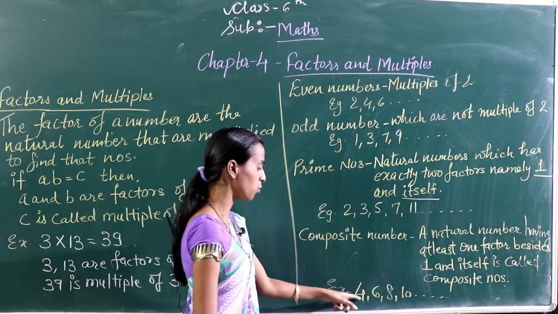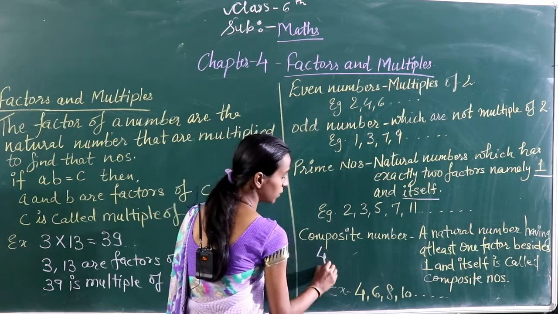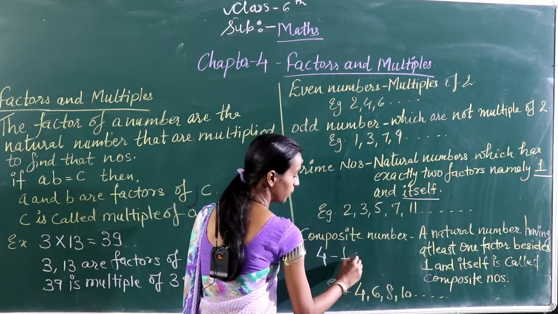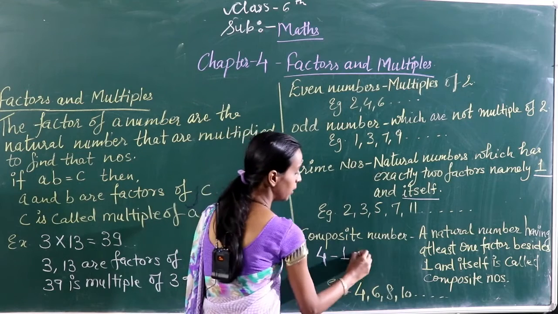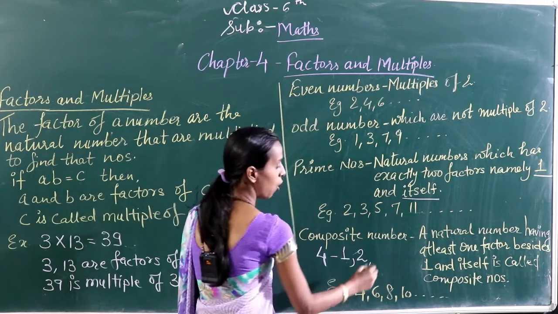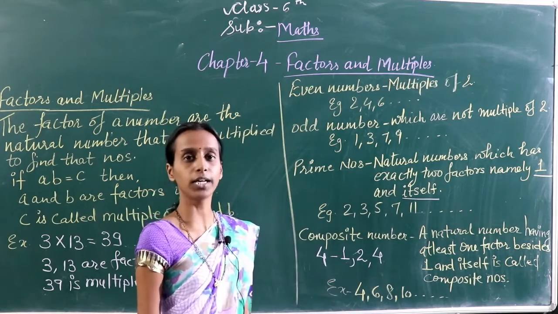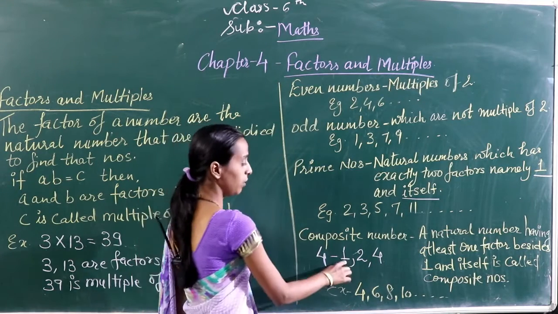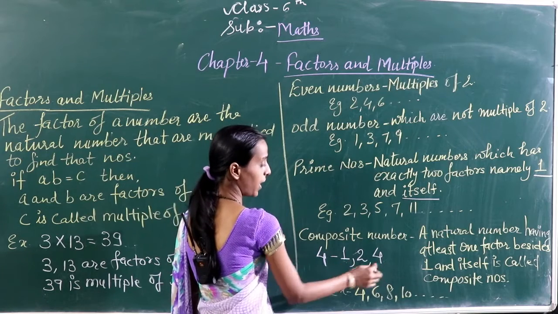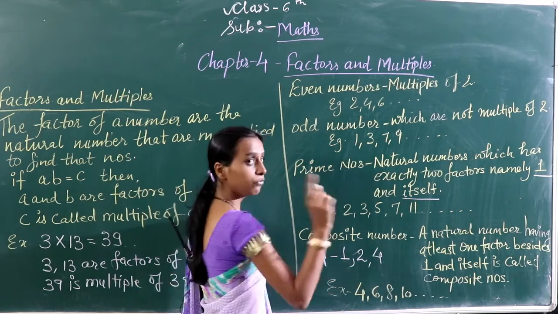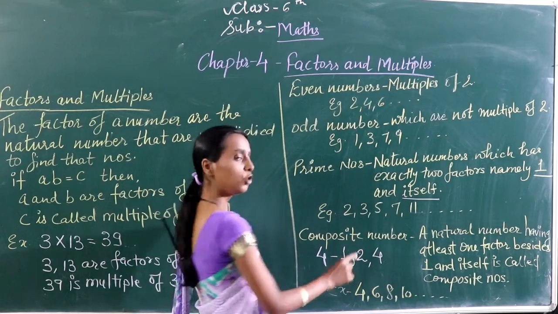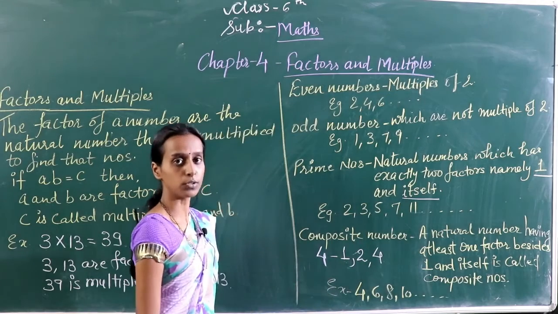For example 4. तो 4 के फैक्टर्स कौन कौन से होते हैं? एक तो 1 हो गया, 1 के टेबल में 4 आएगा, 2 के टेबल में 4 आएगा और 4 के टेबल में 4 आएगा. इसके अलावा और किसी टेबल में 4 आएगा क्या? No. So it is having 1 and itself, and besides these 2 it is having one more factor, that is 2. So that are called the composite numbers.